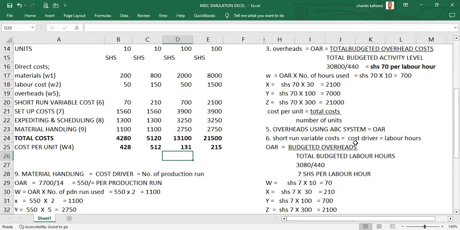But most of the times we already use the ABC system because it's what mainly the examiner is going to be asking.